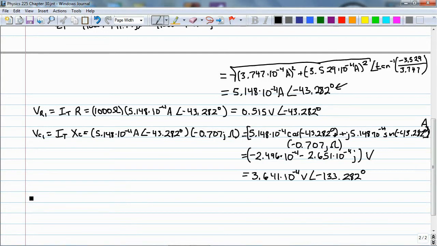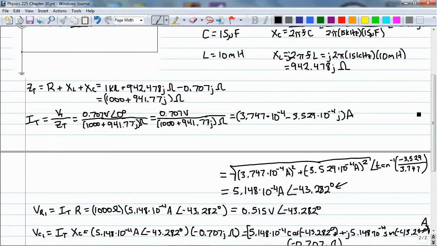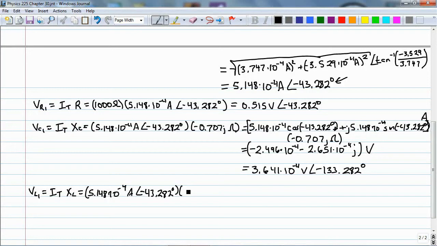For my potential across the inductor, it's going to be IT times my inductive reactance, and my inductive reactance was 942.478 J ohms.